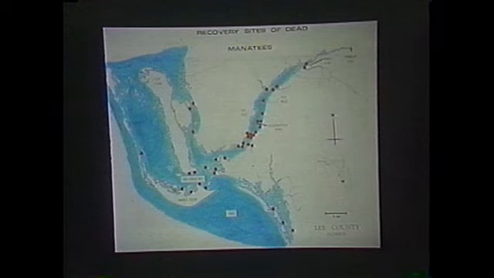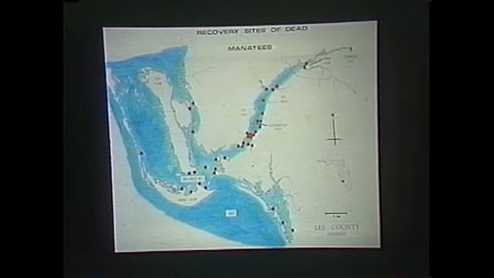The first outbreak of red tide happened in the early 80s, and a second one just recently, about 3 years ago, where in the same area, unexpectedly, a large number of manatees was found dead.